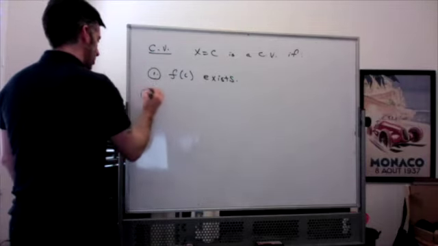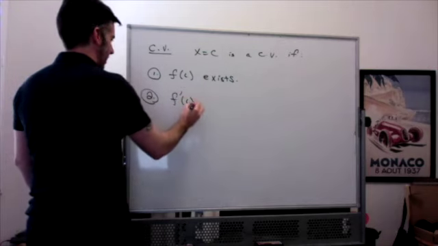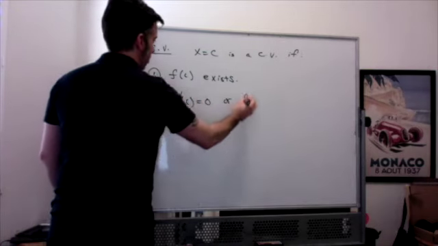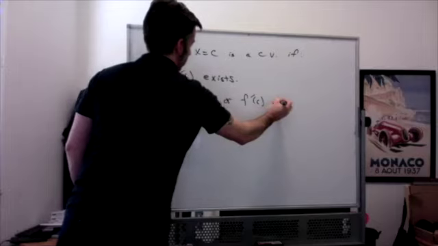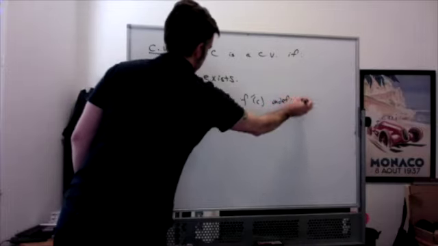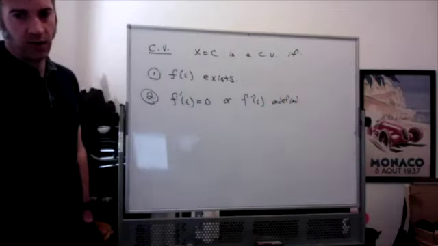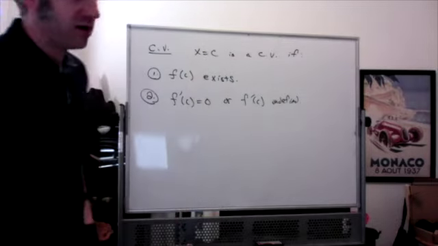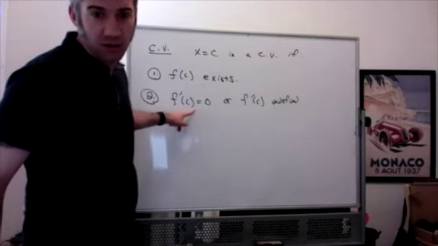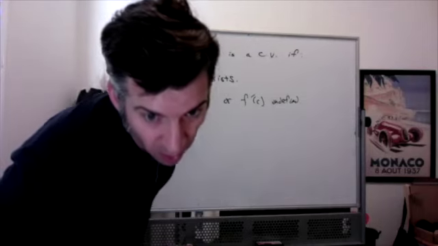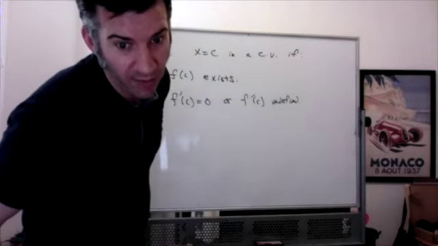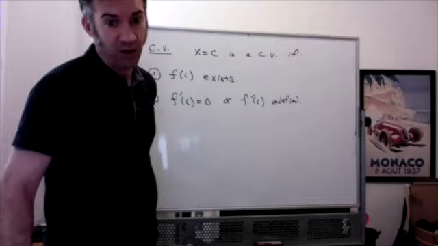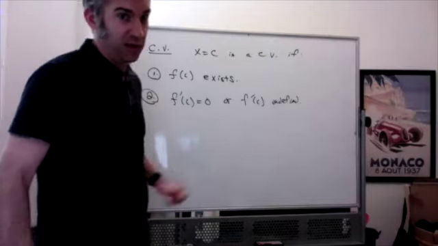Thing two, the derivative at c is 0 or undefined. So now let me go back to the question here. Could we have an x value where the derivative is 0, but it's not a critical number?